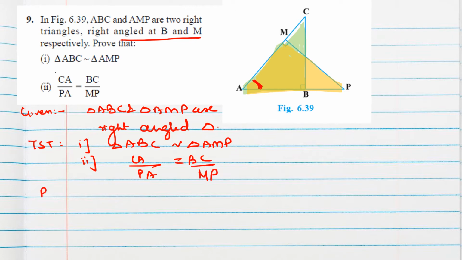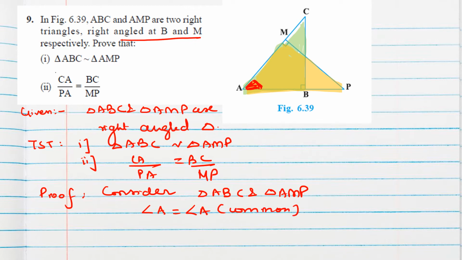Now in proof we will consider these two triangles for which we have to prove the similarity. Okay, so here directly I told A will be common, so that angle A we can write and reason will be common.